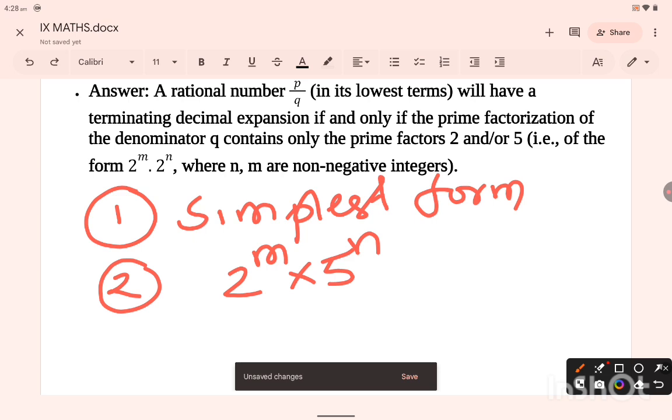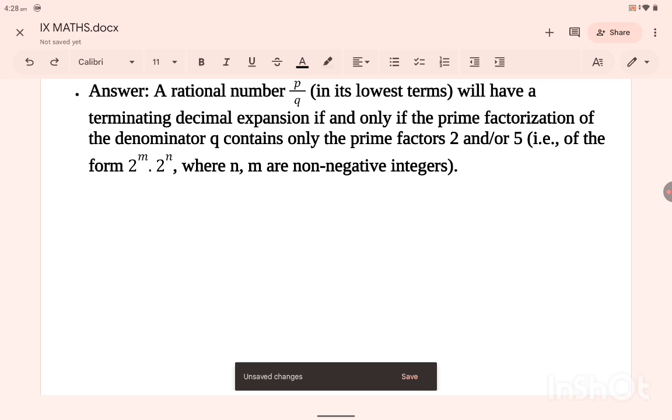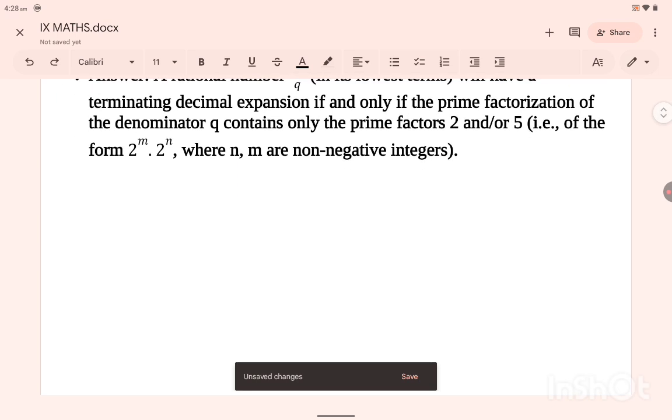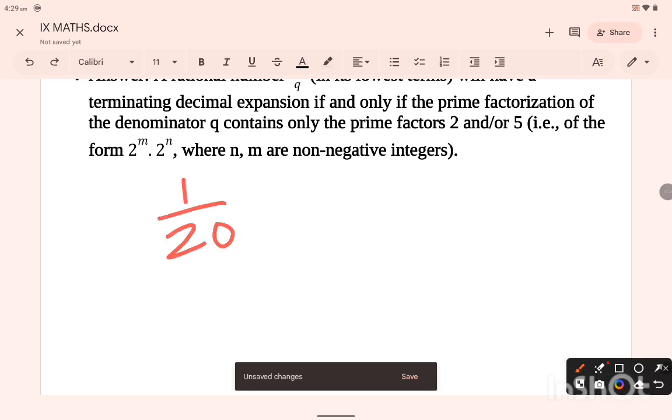For example, 1 by 20. Here numerator 1 and denominator 20 have no common factors other than 1. Therefore, this is in simplified form. Now denominator 20 can be written as 2 square into 5.